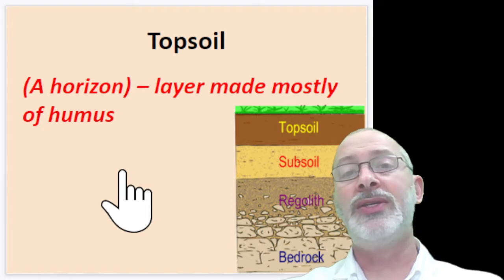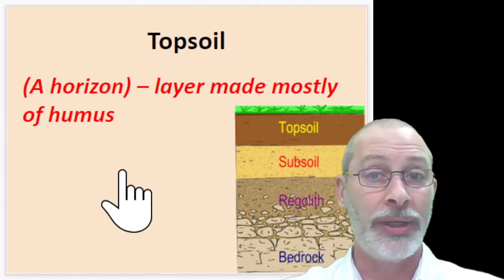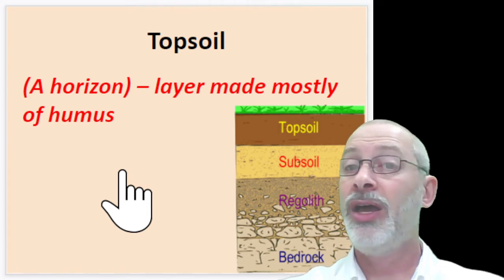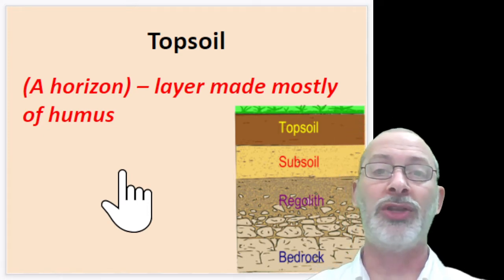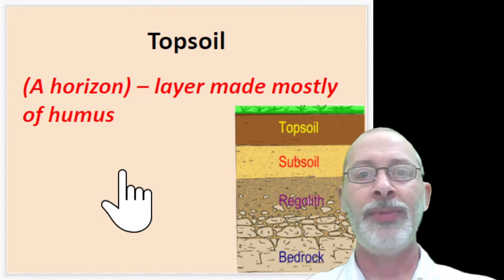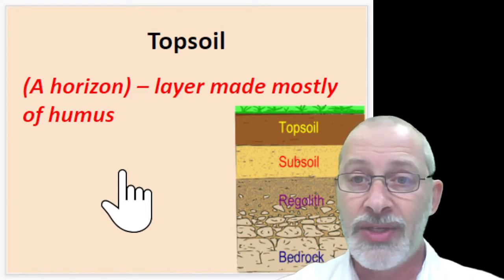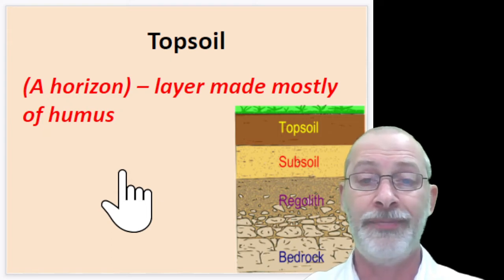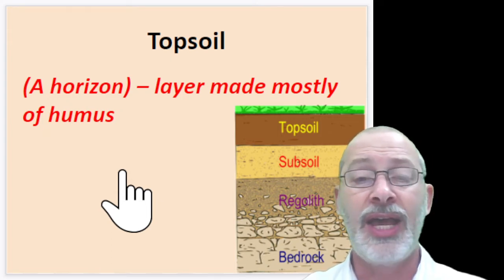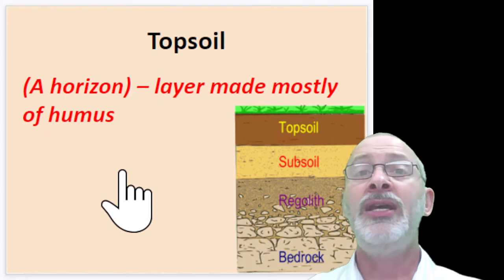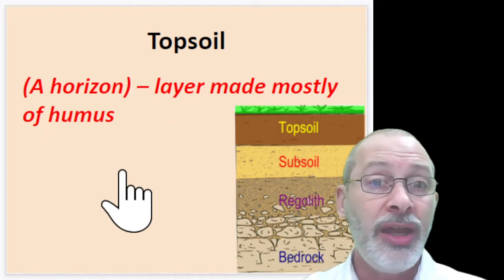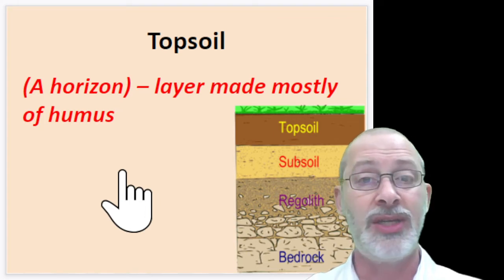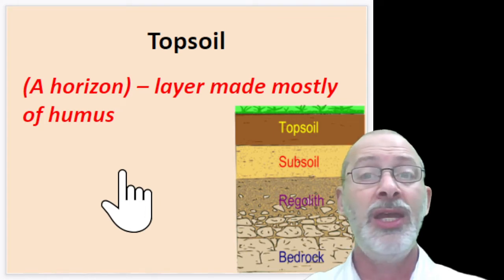The A horizon is also known as the topsoil, and it's the layer made mostly of humus. Remember, it's humus, not hummus. Humus is a lot of organic material. And as we discussed the other day, this A horizon typically is dark in color because of the organic material that is decomposing that makes it up.